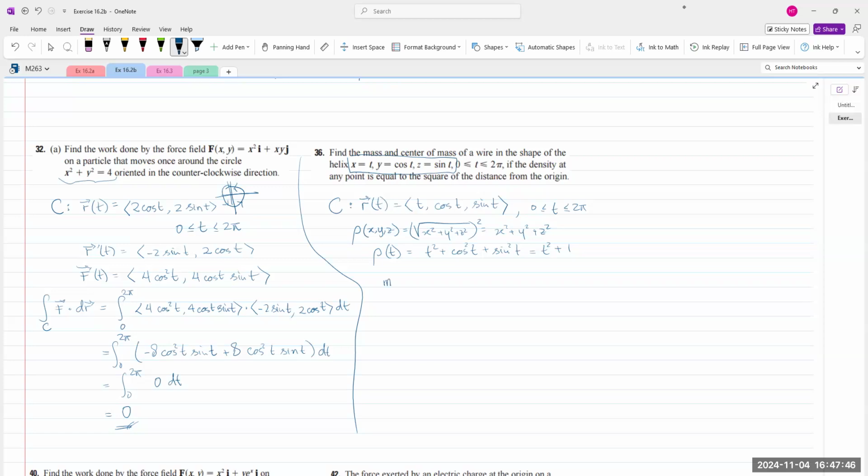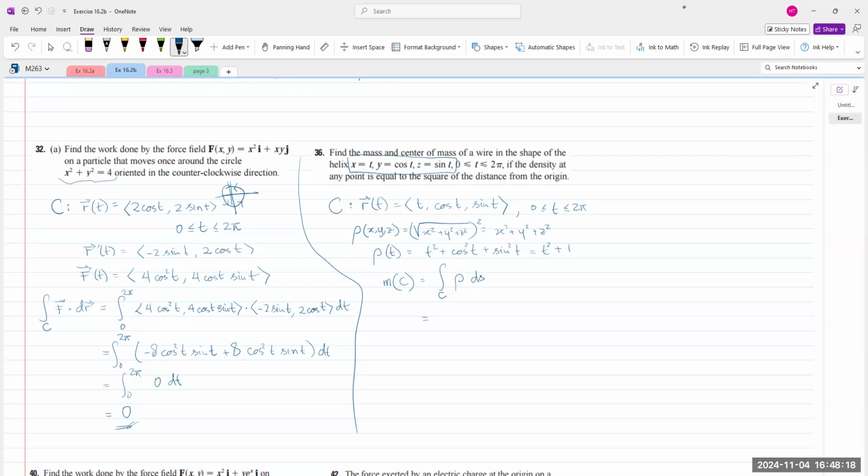So the mass of this wire will be the integral over the curve C of the density ds. In between I need to find r prime t for the ds.